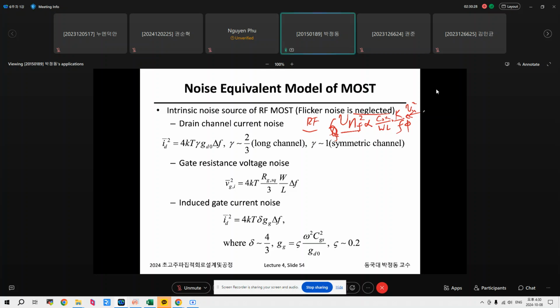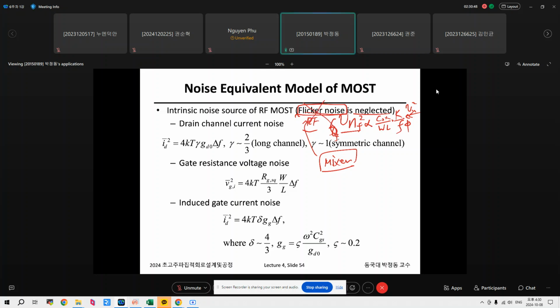That's why in RF application we don't involve flicker noise at all, except for the mixer. In a mixer, the flicker noise is upconverted, so you still have to consider it. But for other applications, there is no need.